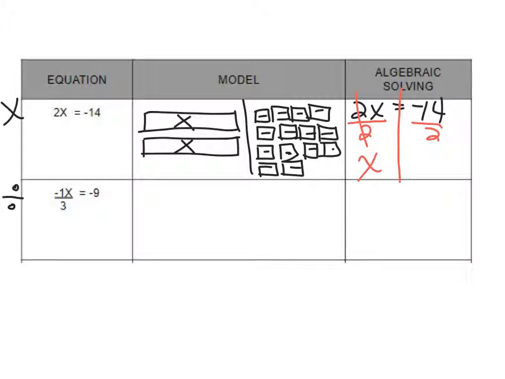And remember that 1 is invisible here, so we just write it as x. And then negative 14 divided by 2 is what? 7. Positive or negative? Negative 7. Remember, guys, when you divide, same signs give a positive, different signs give a negative. Remember those rules because we're going to be using them a lot. Well, today and tomorrow.